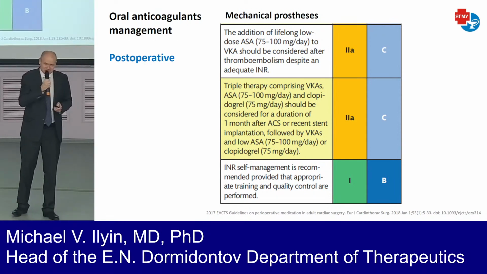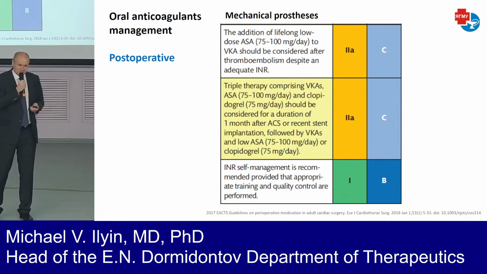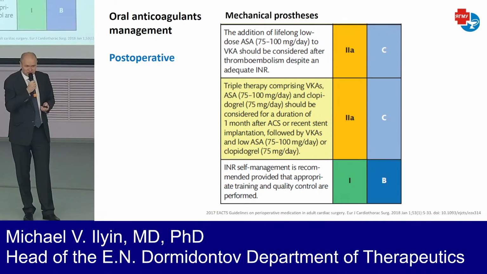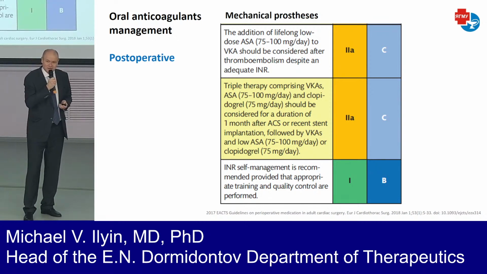What about mechanical prosthesis? We have to prescribe lifelong low-dose acetylsalicylic acid in addition to vitamin K antagonists, and they should be considered after thromboembolism despite an adequate INR. So we prescribed warfarin, we did it, and we got a normal level of INR, and despite that, we prescribe acetylsalicylic acid.